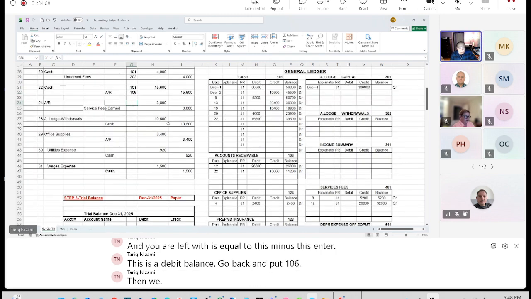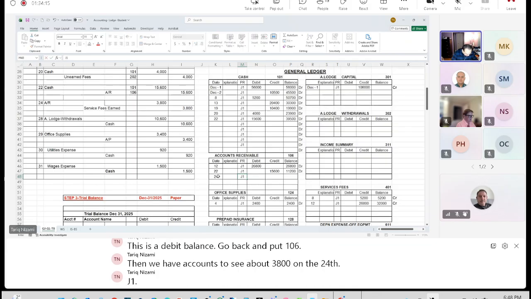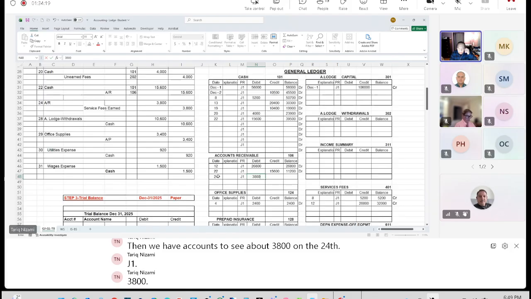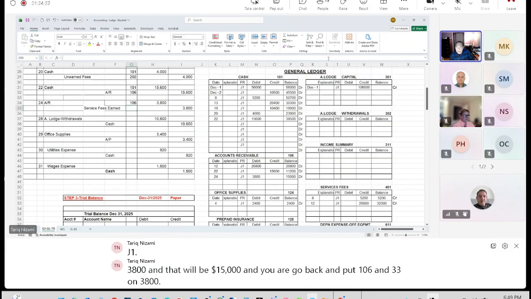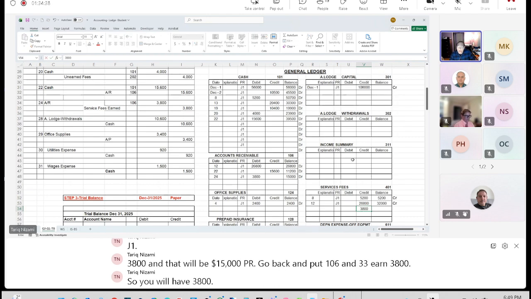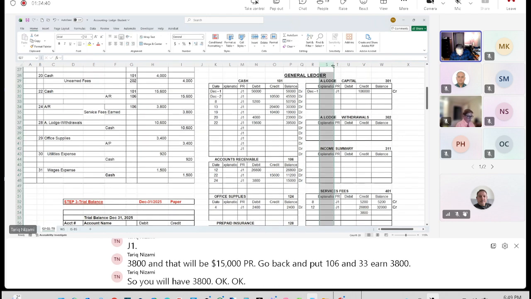Then we have accounts receivable 3,800 on the 24th. J1, 3,800, and that will be $15,000 DR, go back and put 106, and service fees earned 3,800.